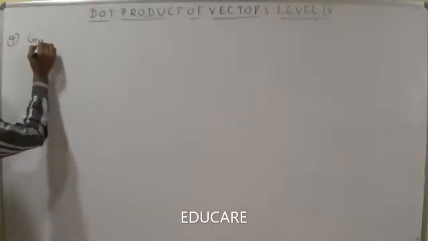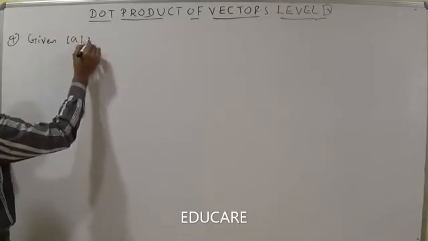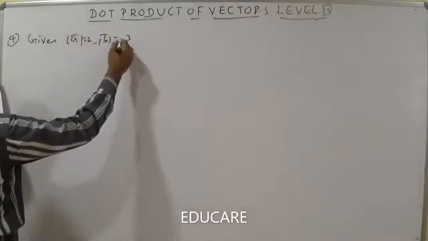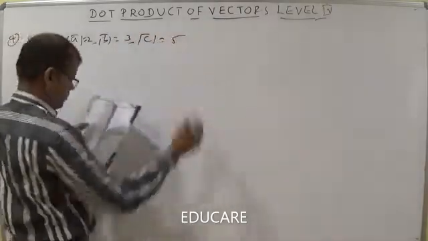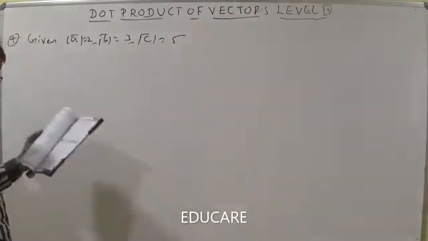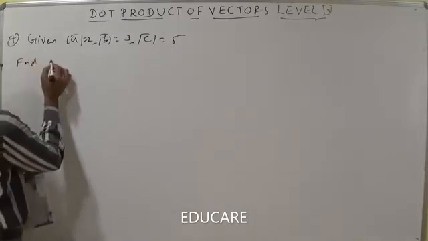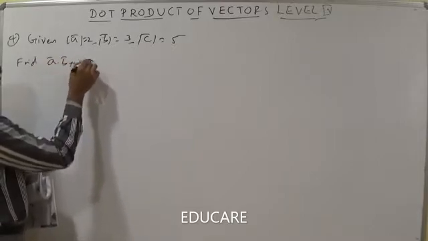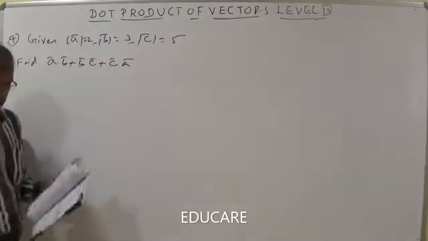I am writing the given condition: modulus of A is equal to 2, modulus of B is equal to 3 and modulus of C is equal to 5. Then you should calculate the value A bar dot B bar plus B bar dot C bar plus C bar dot A bar.